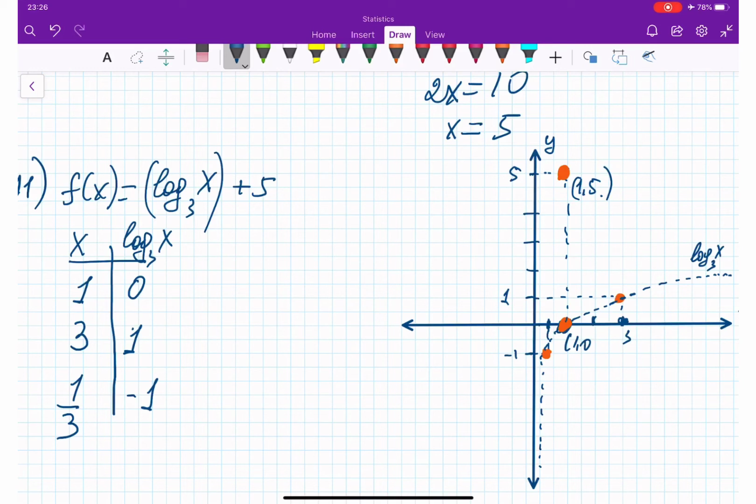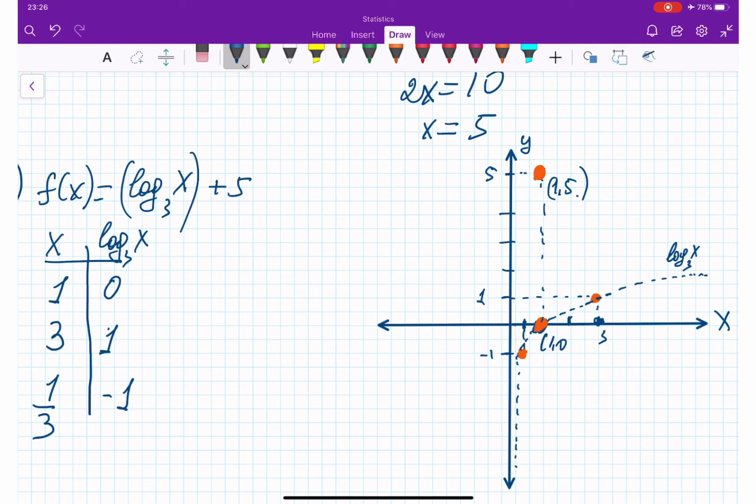And this is going to be our new axis. So this point I'm interested in, 3 and 1, will become 3 and 6, right?